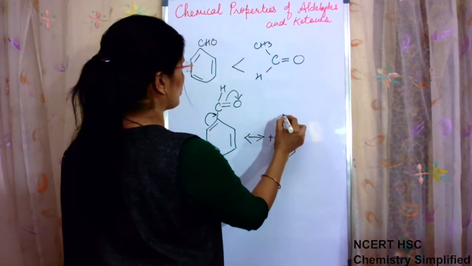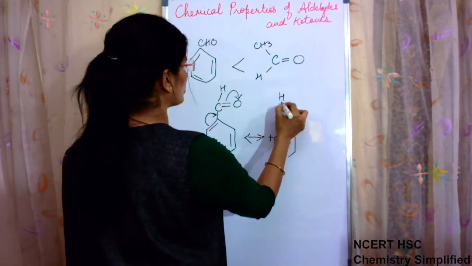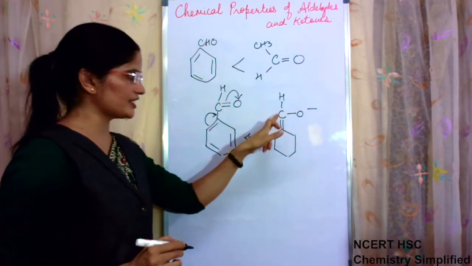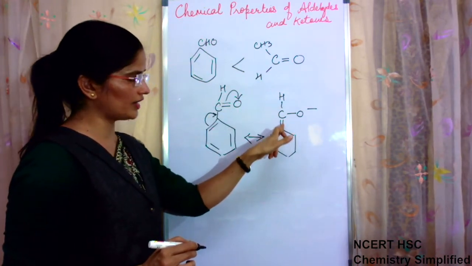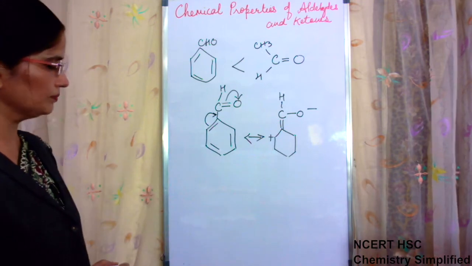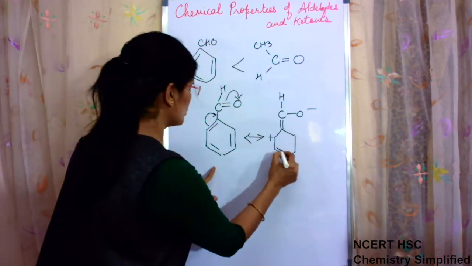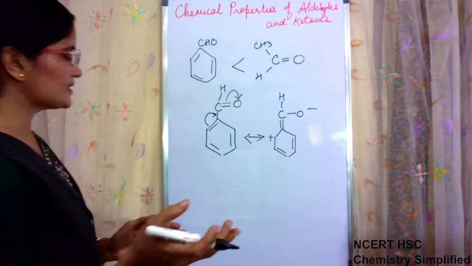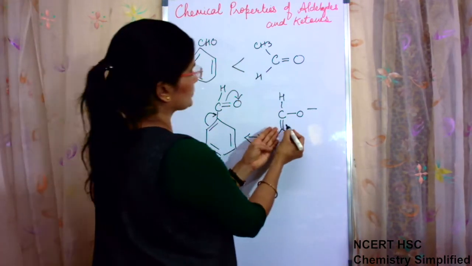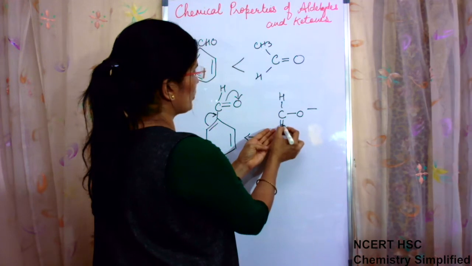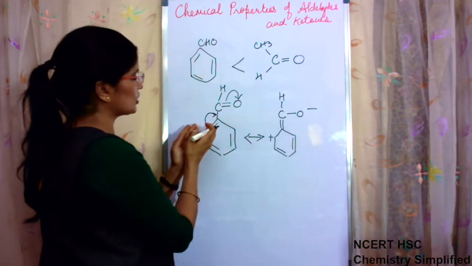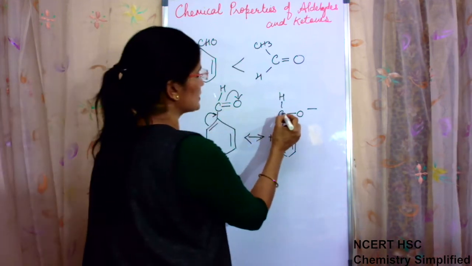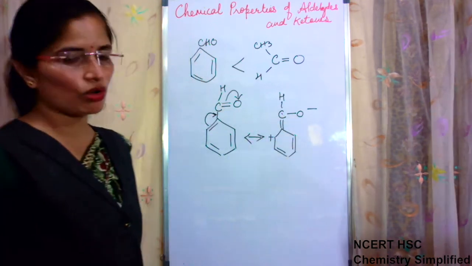This bond, double bond, CHO negative. The positive charge on this has been neutralized now because we have put here a double bond. Okay, and the rest 2 bonds as it is. So what has happened? Because the double bond is here, that means the negative charge has shifted from the benzene ring towards the carbon atom. That means this has become less positive.